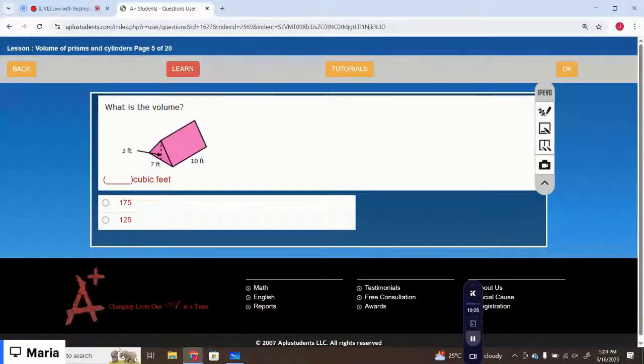What is the volume? So you need to calculate the volume of the triangular prism.